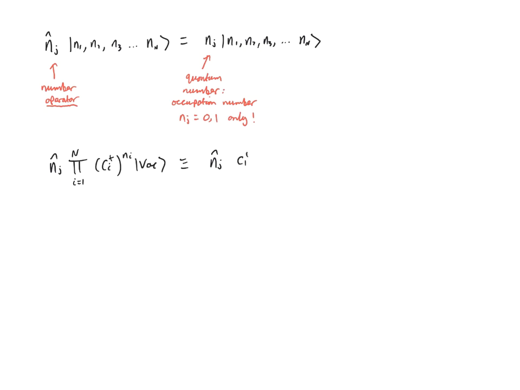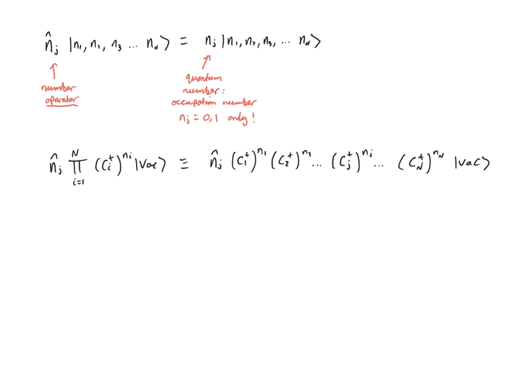This is C1 dagger to the power of n1, C2 dagger to the power of n2, and so on, all the way up to, let's say, Cj dagger, whatever j is, and that's to the power of nj, and so on, all the way up to Cn dagger to the power of capital N. And all of that, that string of creation operators, is then acting on the vacuum.